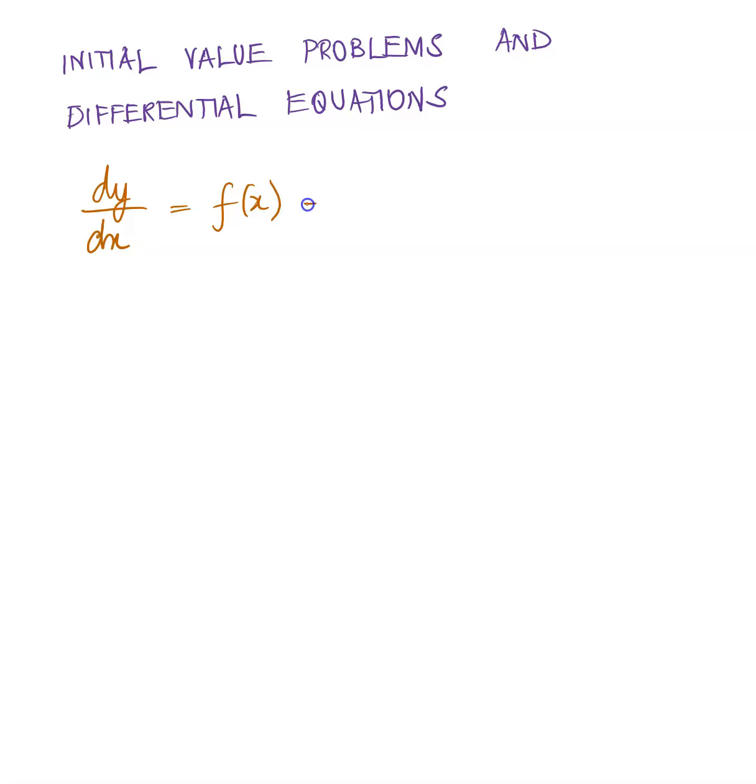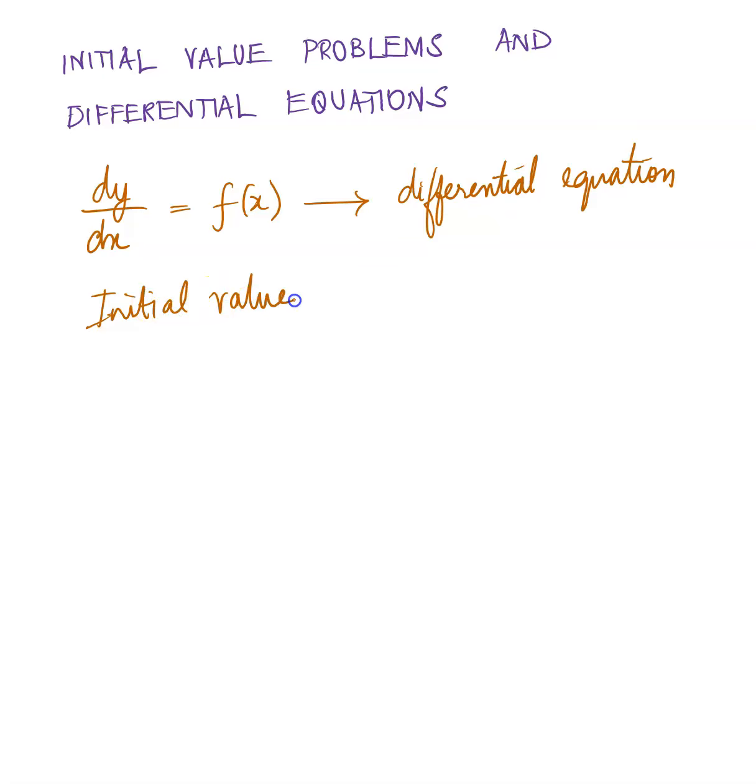Okay? And so this is known as the differential equation. And here, if we have an initial value, initial information and preliminary information given to us, then this will help us to go from a general solution to a particular solution.